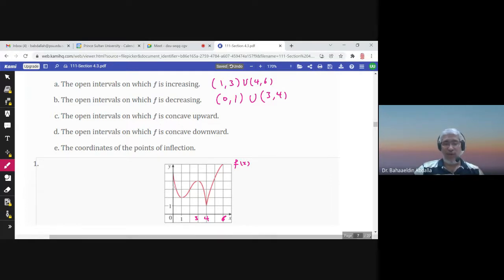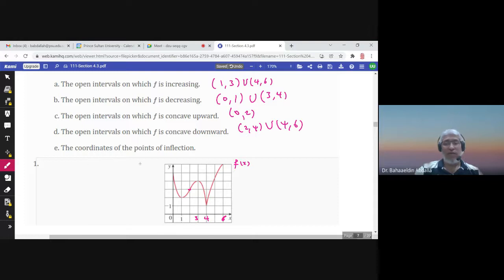Well, it is concave up to here. Concave up from 0 to 2. And from 2 to 4, it's concave down. And then from 4 to 6, it's also concave down. So it's concave up only from 0 to 2.